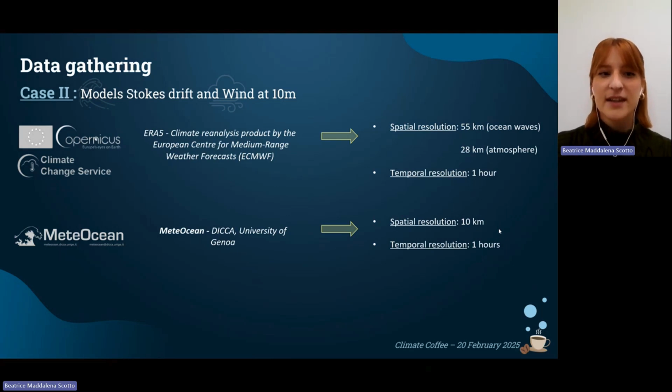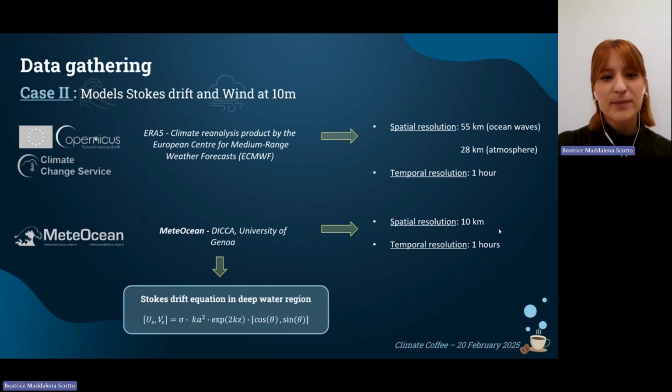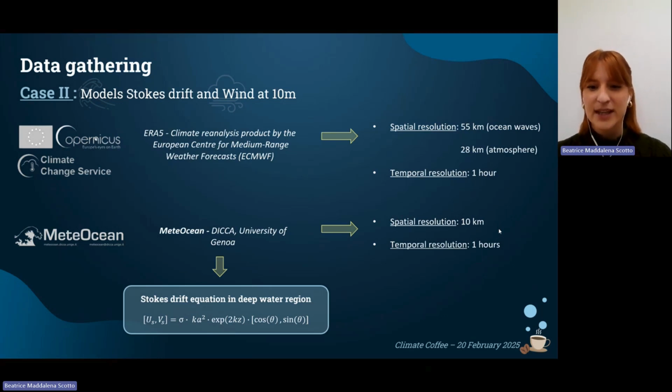But the difference here is that in the ERA5 model, we already had the evaluation of the Stokes drift, while for the MeteOcean model, we didn't. So we calculated it with this formula, using the variables that were already present in the model.